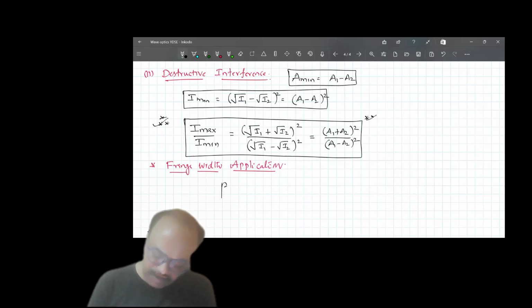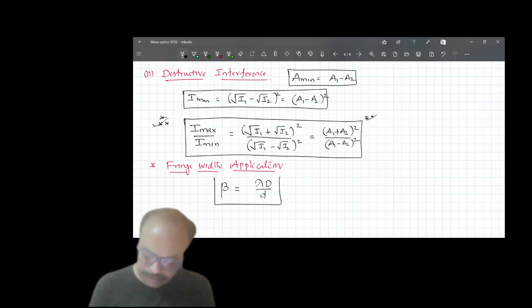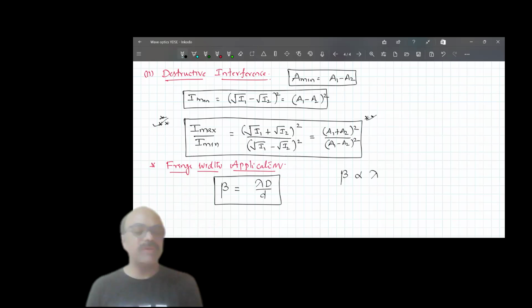Fringe width formula we have beta equals lambda D by d. Means fringe width is directly proportional to the wavelength.